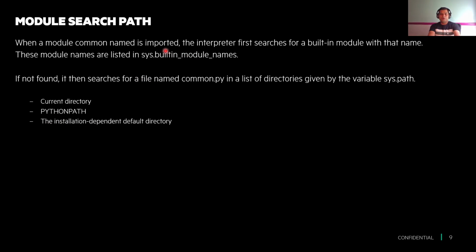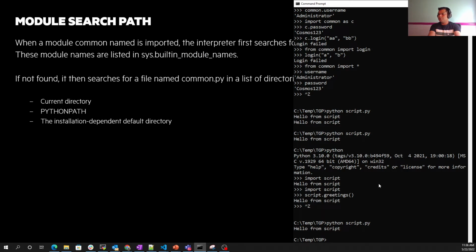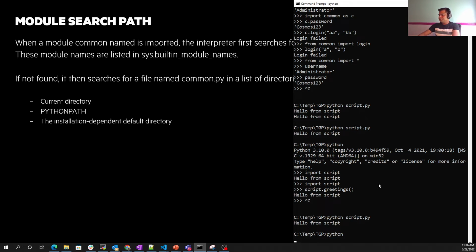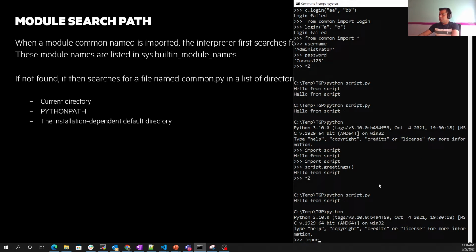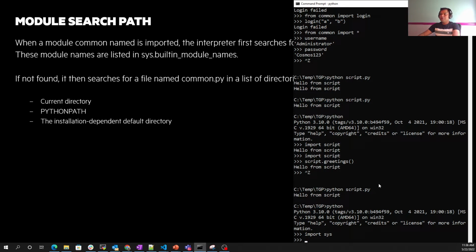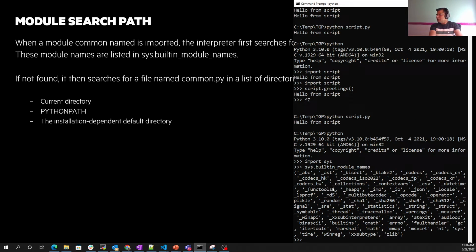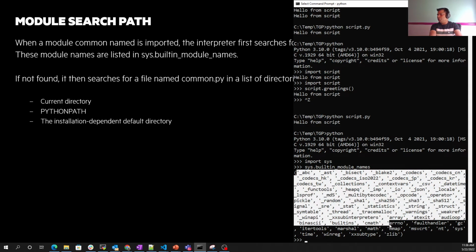So let's explore the built-in module names, what it is. We can go to the command prompt, and once again bring up the Python interpreter, and here we'll say import sys, and then sys.builtin_module_names. So this is the list where it will look if we do any import of a module.